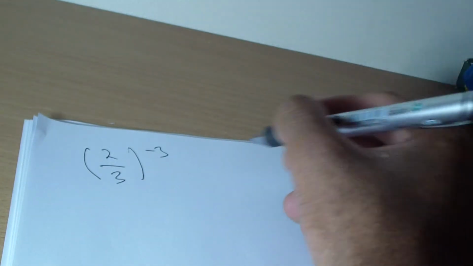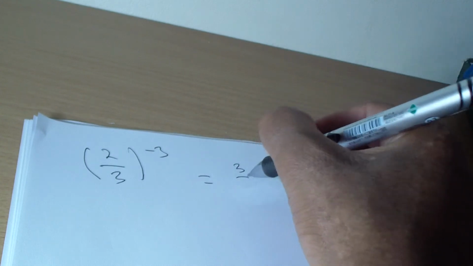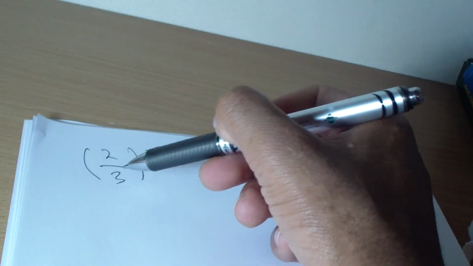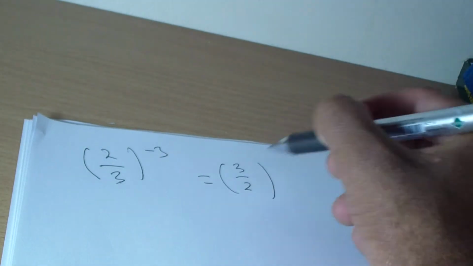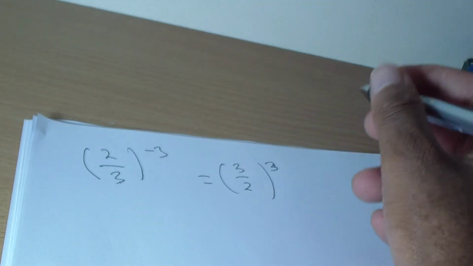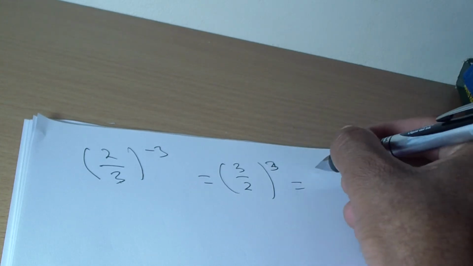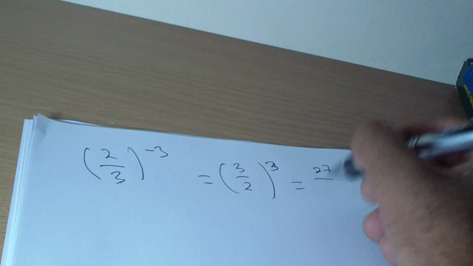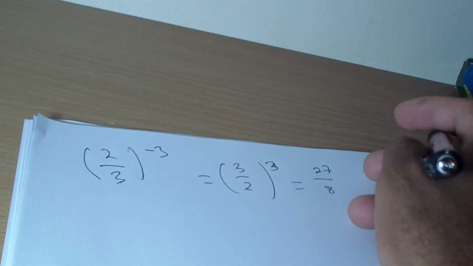We can now rewrite this as 3 over 2: the denominator becomes the numerator and the numerator becomes the denominator, and this exponent becomes 3, not negative anymore. Then you can simplify. 3 to the power 3 is 27, and 2 to the power 3 is 8. Then you do the whole thing.